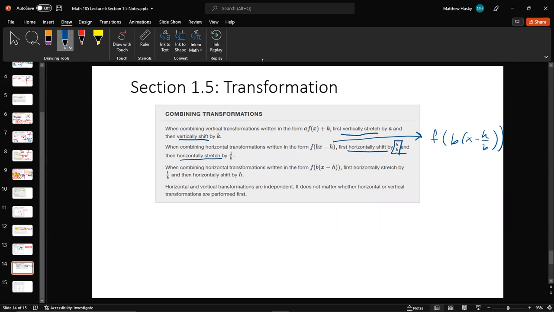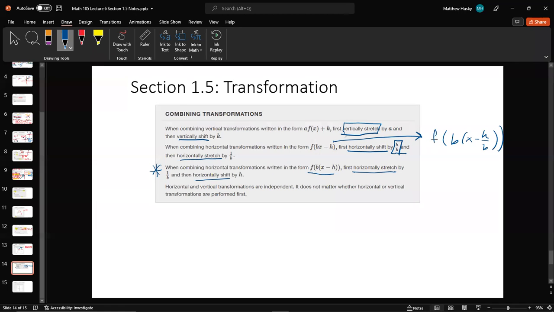If you're combining horizontal transformations written in this form, so here they say horizontally stretch and then horizontally shift. This is kind of the more standard way to do it. It's a little more complicated because you're factoring out this b first. But that usually makes the process a little easier. And it also makes it consistent with how you do the vertical ones.